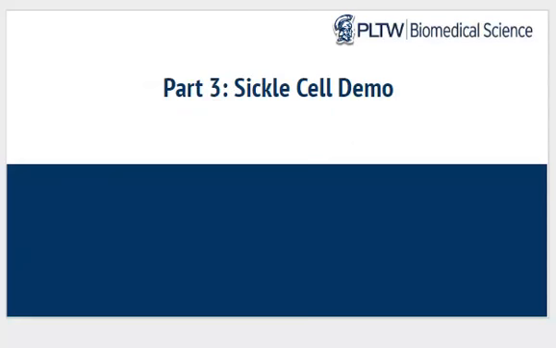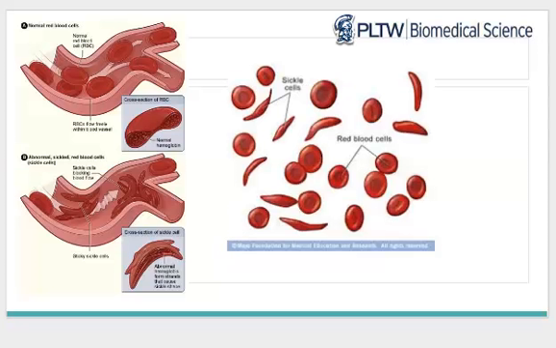When talking about sickle cell disease, the characteristic that's very unique in patients that suffer from sickle cell disease is a different shape of red blood cells. So when looking at this diagram here, you can see both regular red blood cells and sickle-shaped cells that appear more elongated and less round.